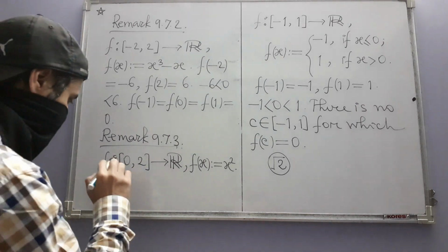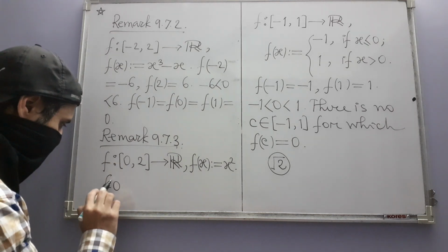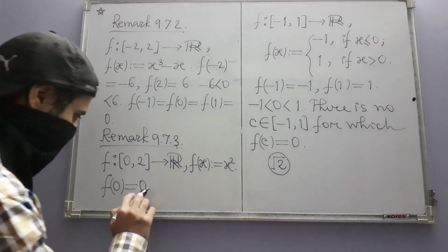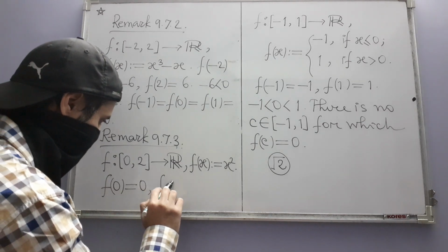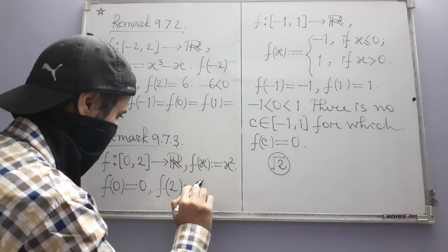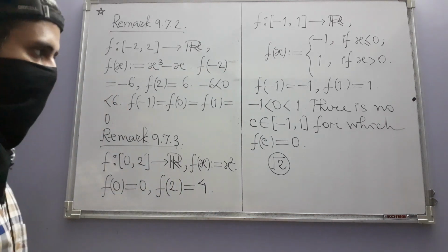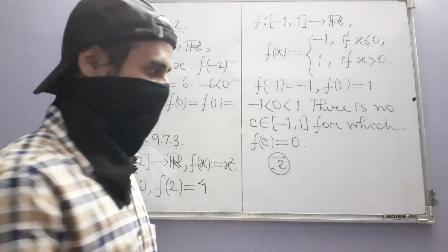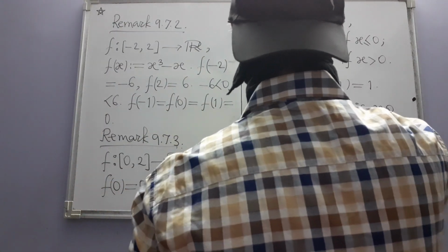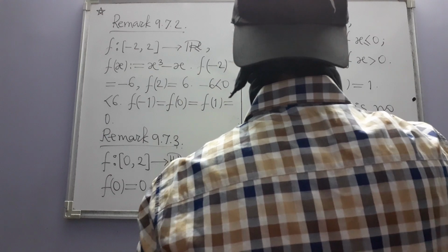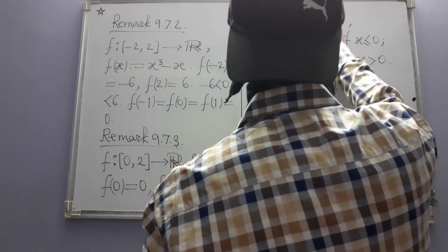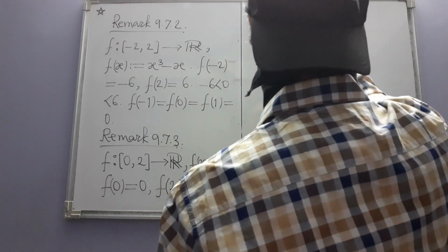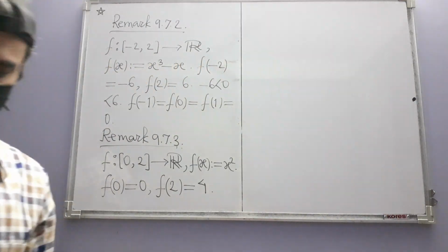Now what are the values at the boundary points? f of 0 is 0 and f of 2 is 2 square, which is 4. Now the y value that we can choose in this case can be taken to be 2, because 2 lies between 0 and 4.